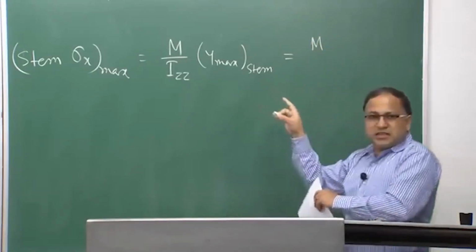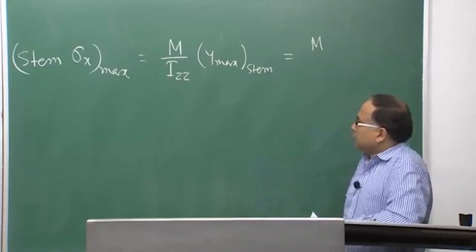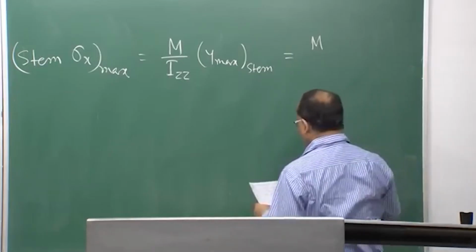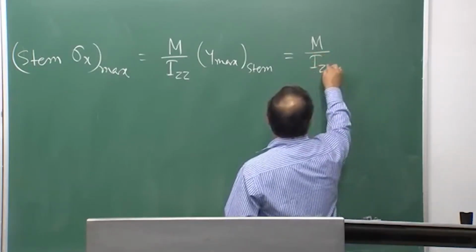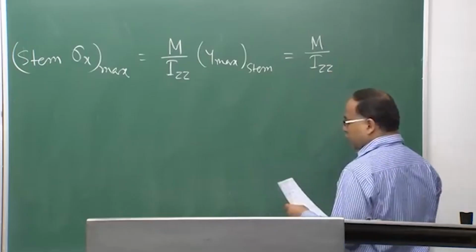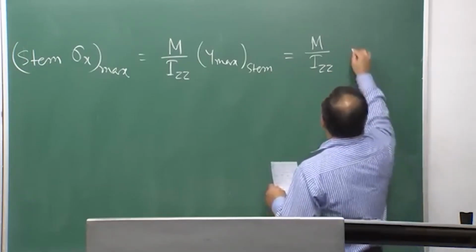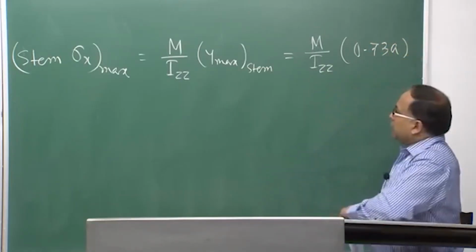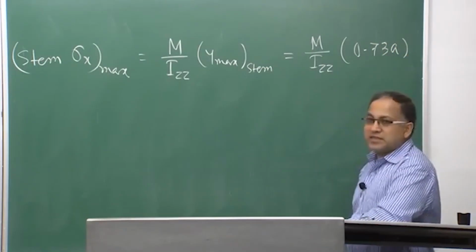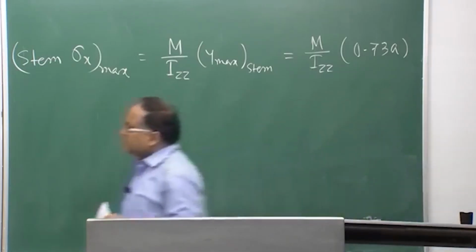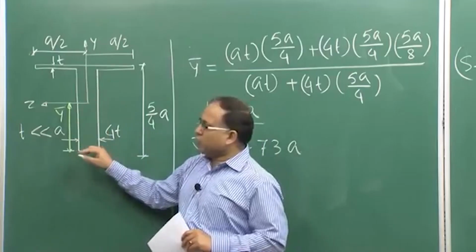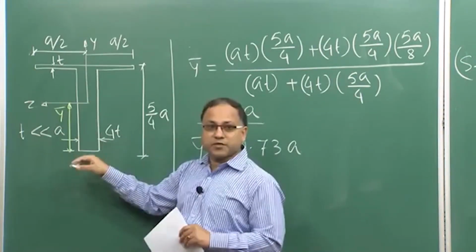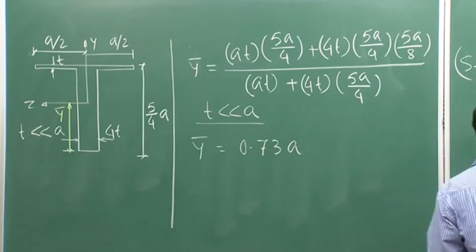I am not considering the sign. So, that is M divided by I zz, because M is constant for this cross section, times 0.73 a. That is the y max for the stem. This is the neutral surface. So, the extreme bottom surface is y bar distance apart from the neutral surface, that is nothing but 0.73 a. So, that you have got.